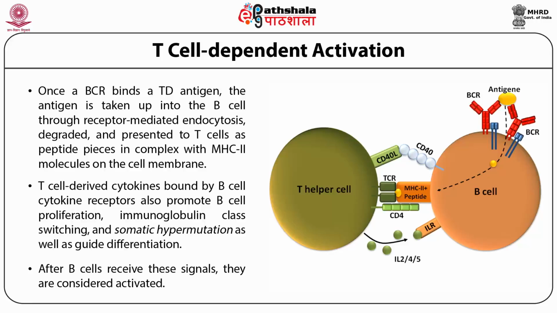Once the counterpart ligand and receptor binding takes place, only then does the B cell undergo proliferation, and this leads to the synthesis of antibody. That's the reason B and T cell association is very important for the synthesis of immunoglobulin as well as the class switching mechanism of the immunoglobulins, etc.